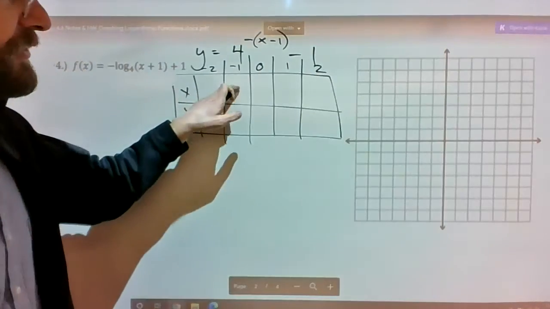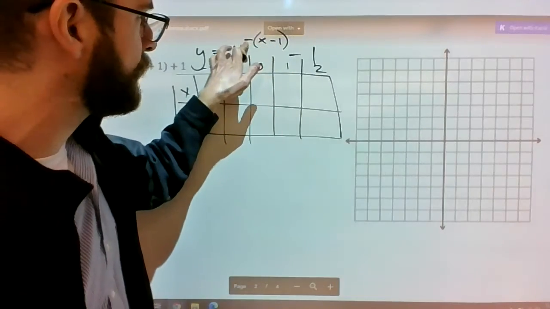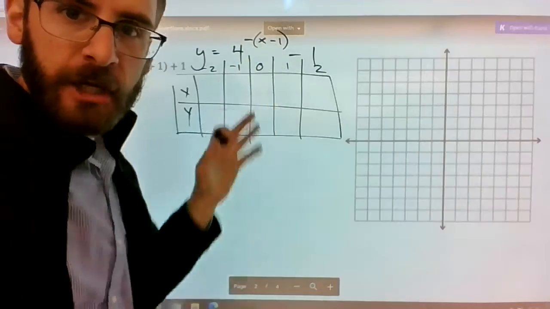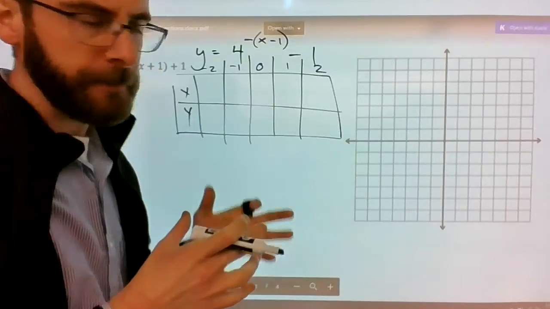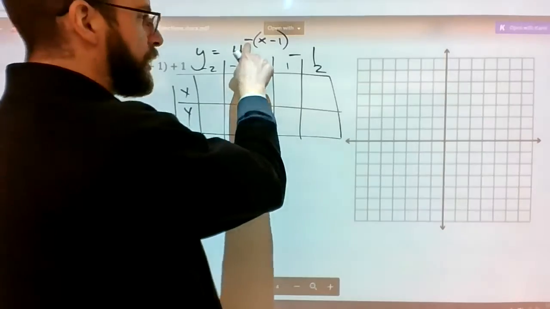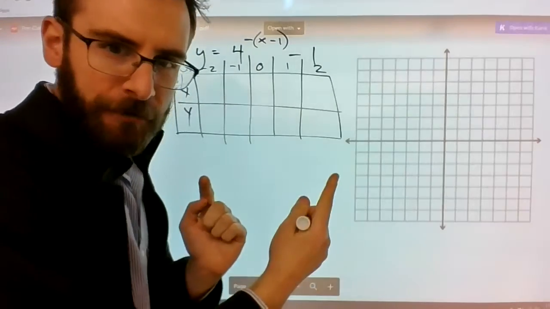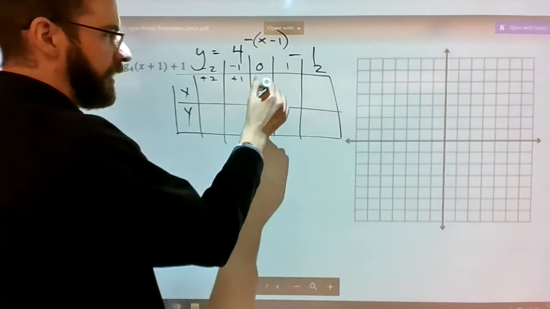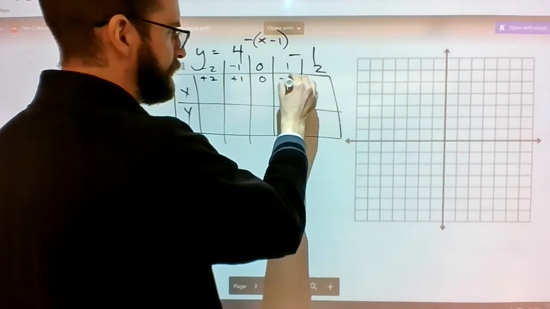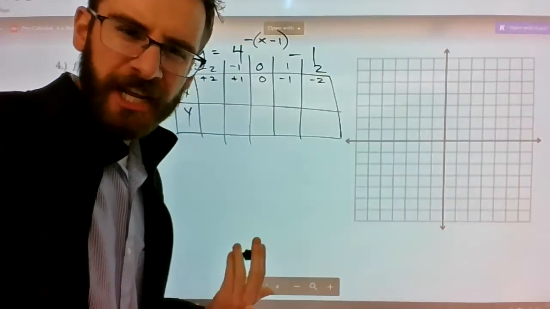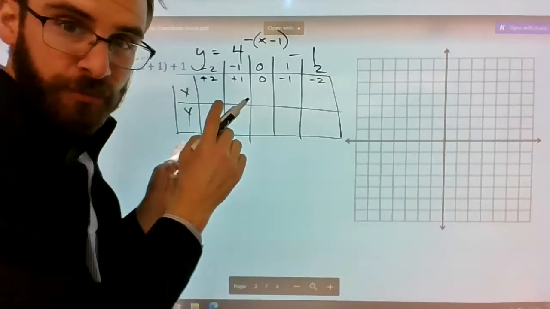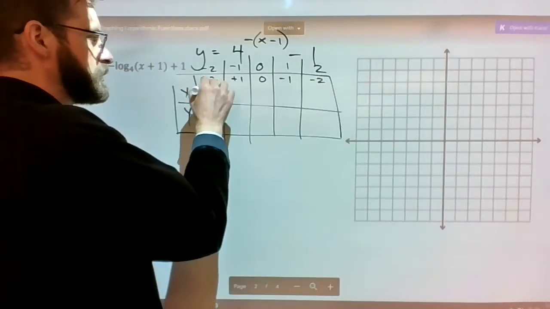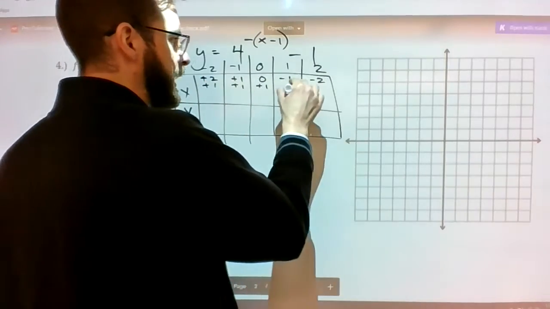I created some space though because usually when we have a horizontal reflection and a horizontal shift, you're going to move these points around. So, the horizontal reflection is supposed to negate everything, so technically this becomes +2, this becomes +1, this becomes 0, still 0, -1, -2. Doesn't seem to change all that much, right? It just reversed the order, but you would do that first and then you would add 1. So add 1, add 1, add 1, add 1, add 1.